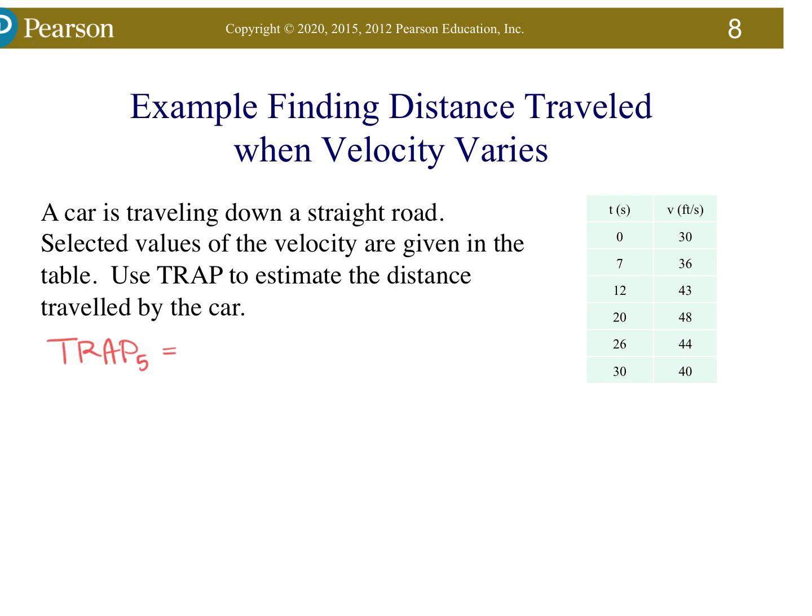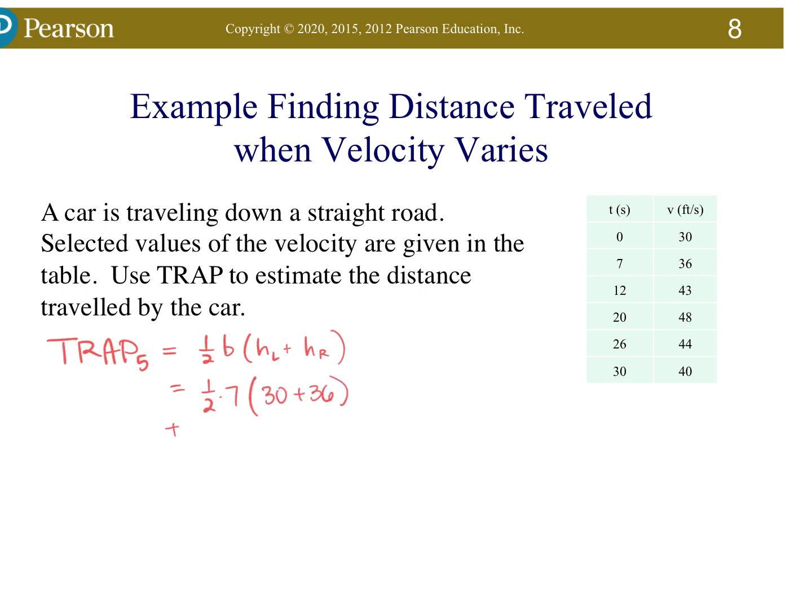My trap 5 is going to be 1/2 of the base times the sum of the different heights, height on the left plus height on the right. So what is the first base between the interval of times? 7. Okay, 1/2 times 7, and the 2 values I'm going to use for this equation are 30 and 36.